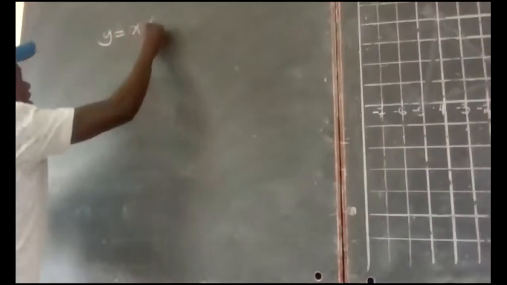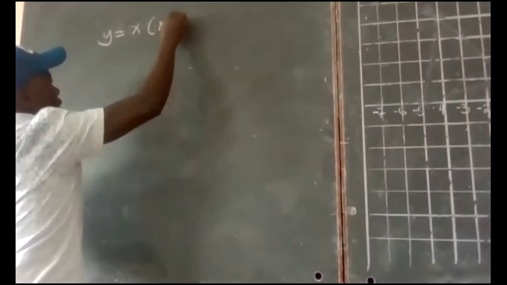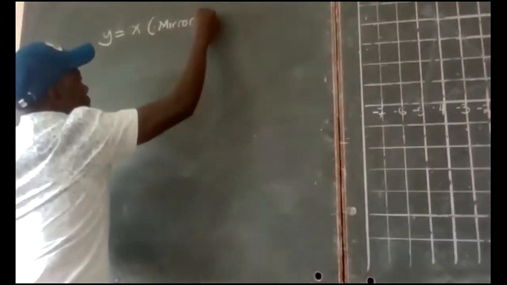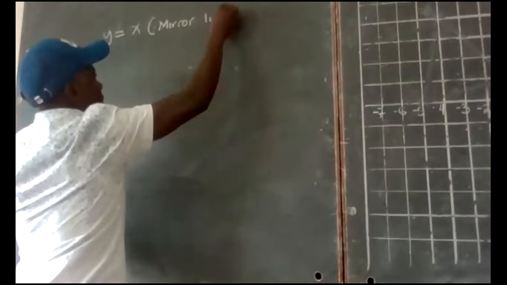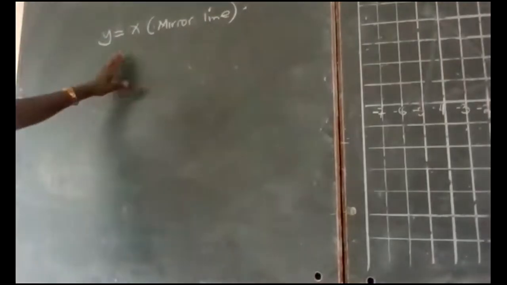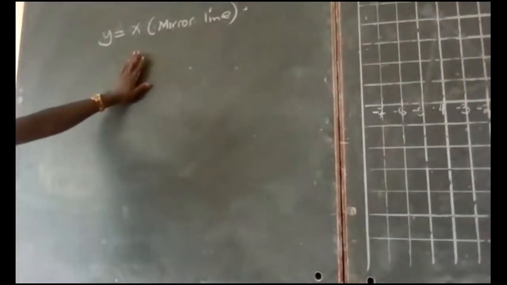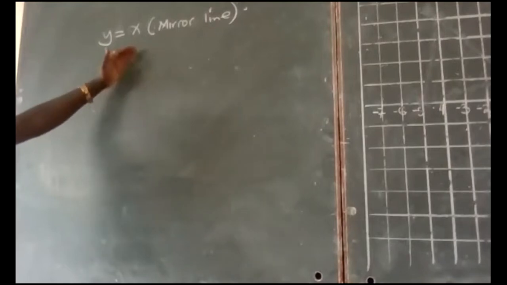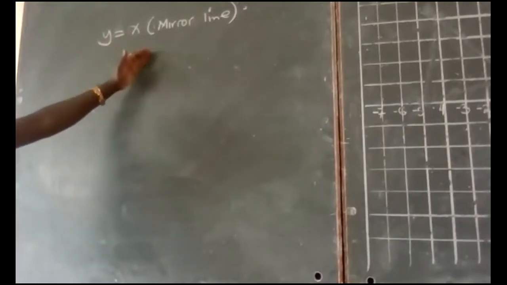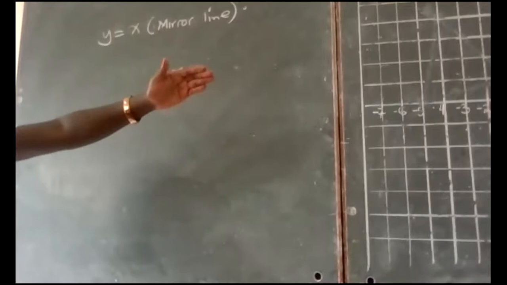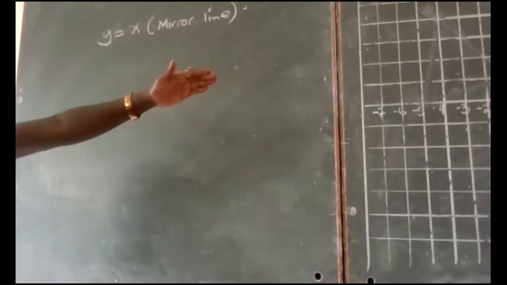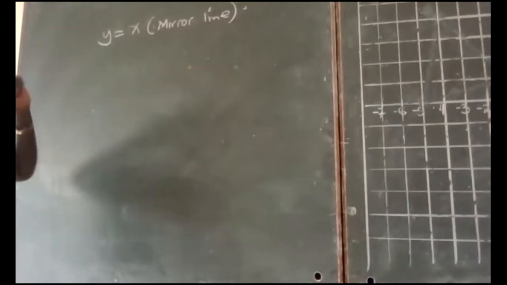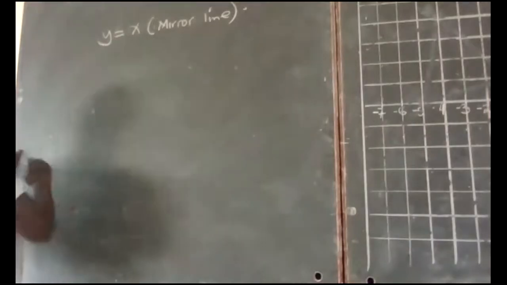This is our mirror line. We said that in every situation, it is better to first get the points on the line, plot them to get the mirror line on the graph paper. So our line is y is equal to x.